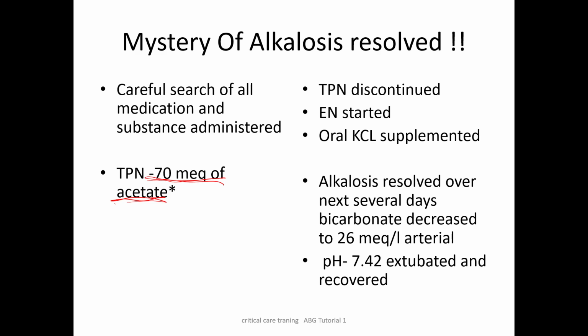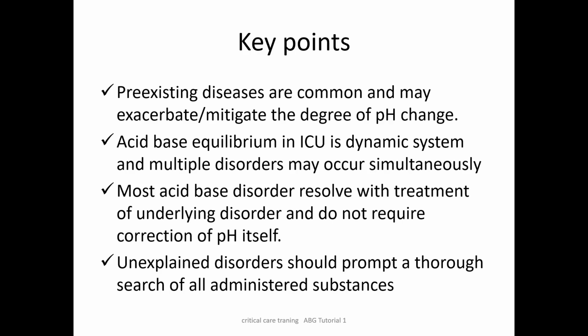So this was resolved with oral potassium supplementation, TPN was discontinued, enteral nutrition was started, and the bicarbonate decreased from initial to 26. The pH now has normalized to pre-intubation levels of 7.42 and she was successfully extubated and recovered. So what this case highlights is that ABG has to be always put into clinical context, not in isolation.